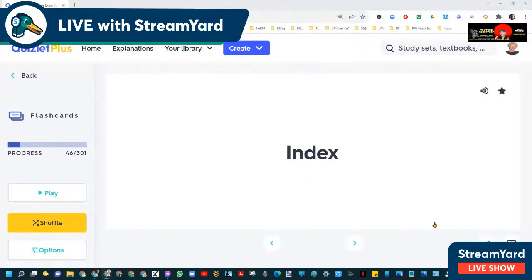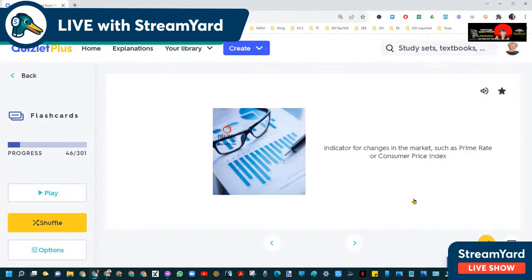The index. So what is the index? The index is the indicator for changes in the market, such as prime rate or consumer price index, the word index. So lenders are constantly looking at that.